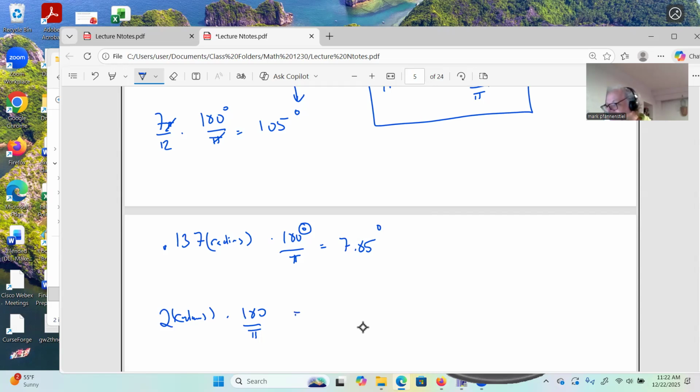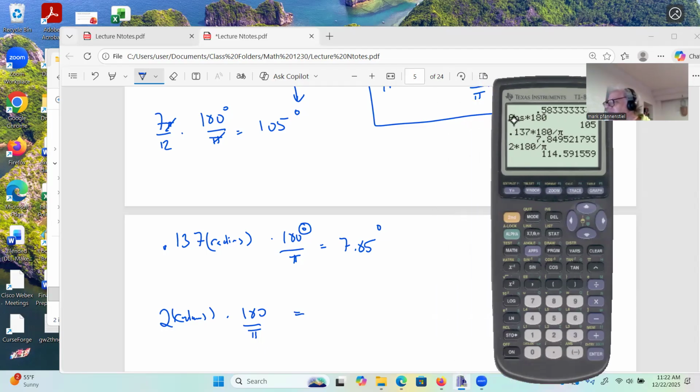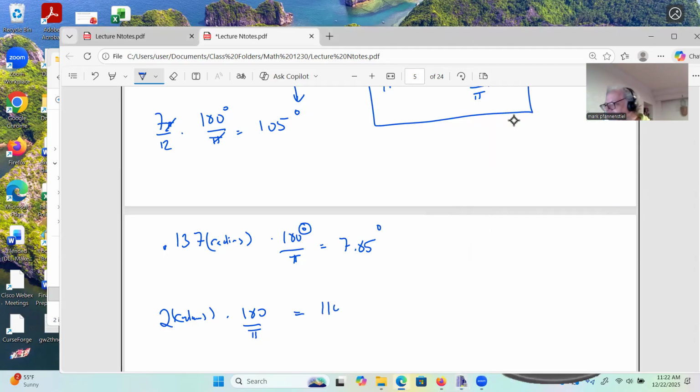I know that 1 radian is about 60 degrees, so this is going to be close to 120, but it'll be less than that. There we go, 114.59 degrees, which is kind of close to 120 degrees.